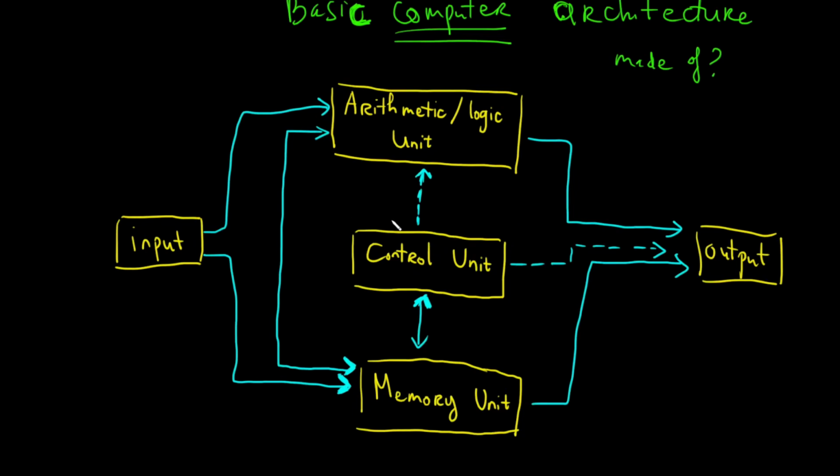A computer is going to have some input, some output, and a block that does the logic and arithmetic calculation, which is called the arithmetic and logic unit. It also has a control unit. It also has a memory unit. And the memory unit is what we talked about, how computers store stuff. So this block right here helps the computer store things.